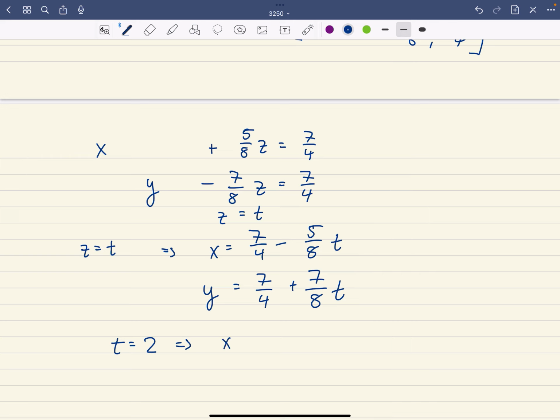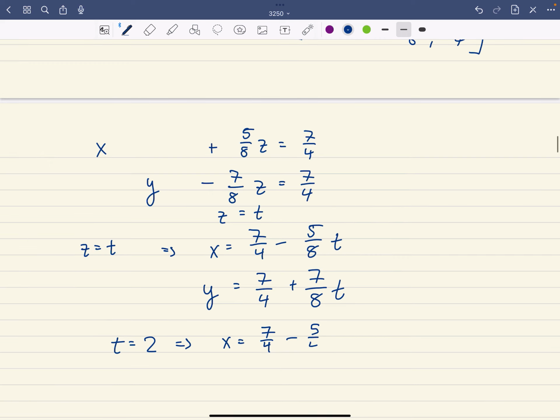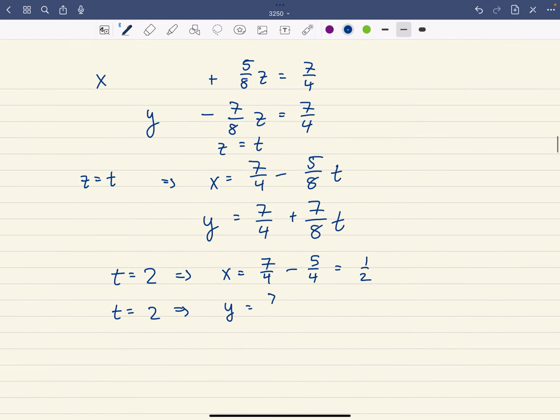That would mean x is 7/4 minus 5/4, or 1/2. So good effort, but that's not an integer. If t is equal to 2, then y would be 7/4 plus 7/4. So again, 7/2, not an integer.